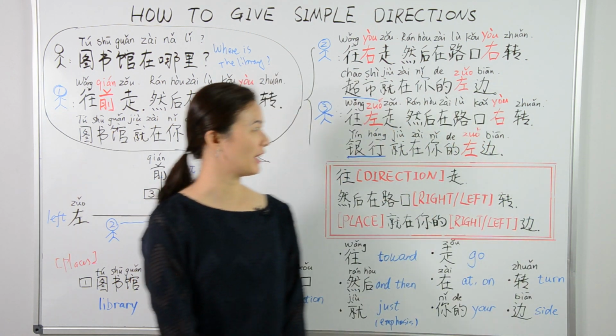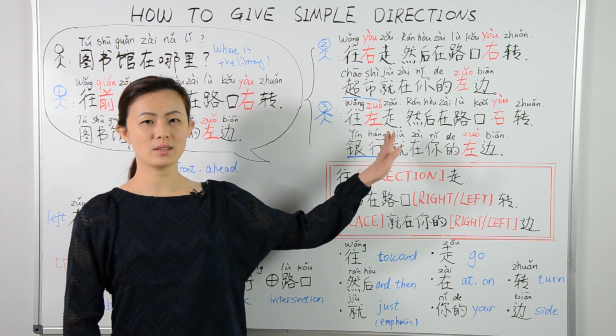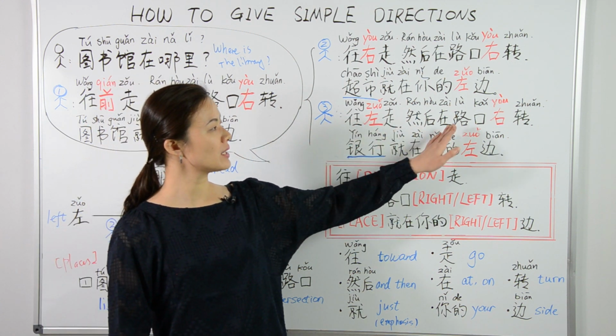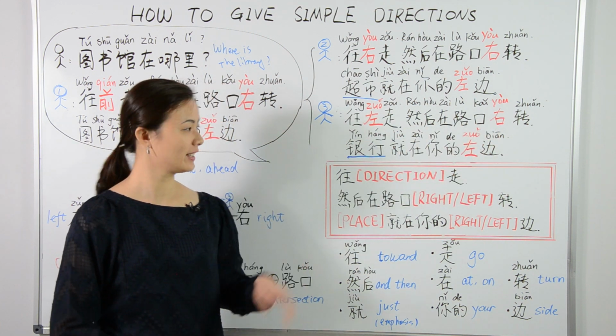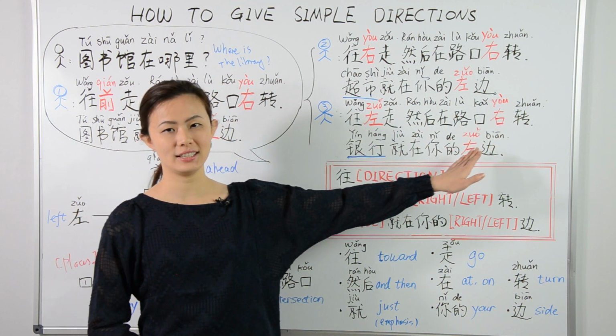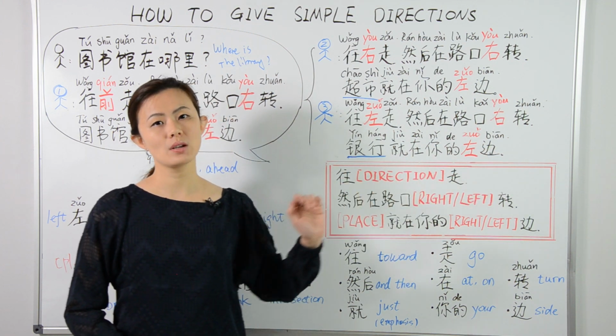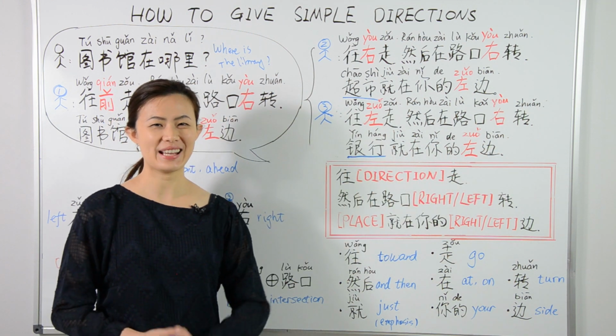All together: 往左走, go left. 然后在路口右转, and then turn right at the intersection. 银行就在你的左边. The bank is just on your left side.